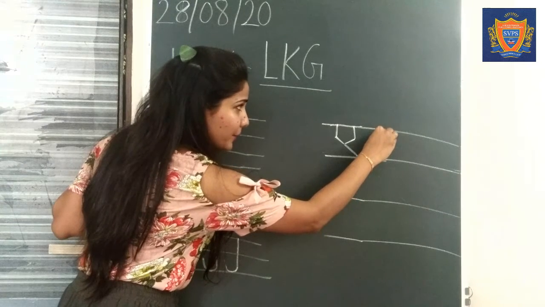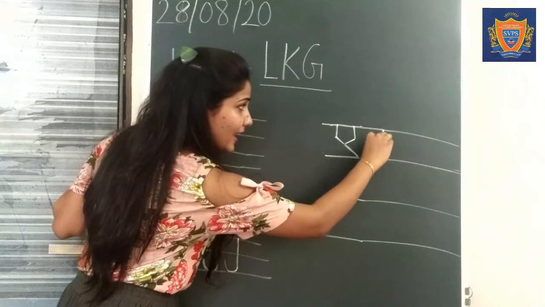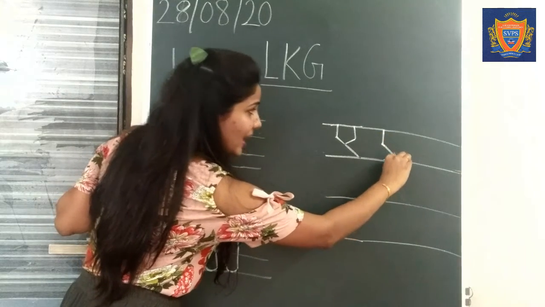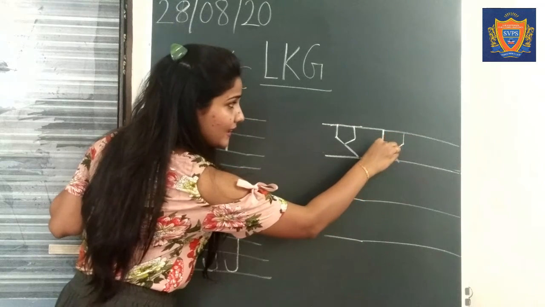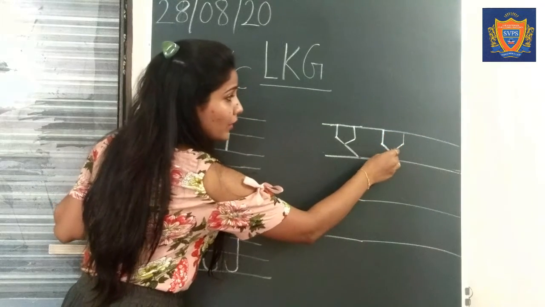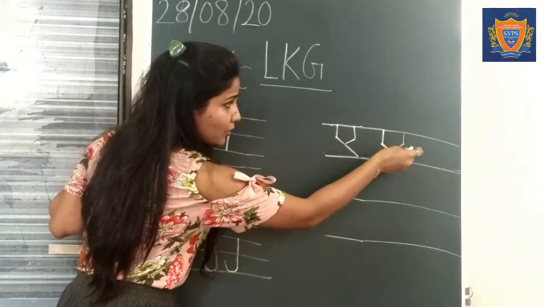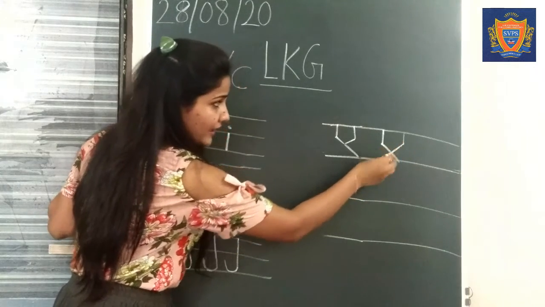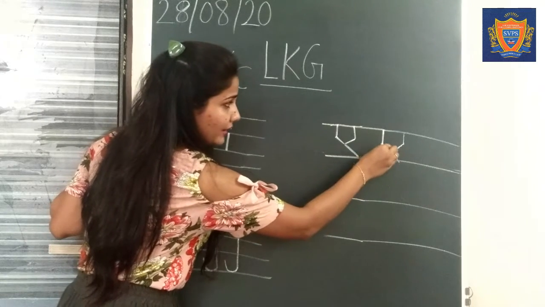Now, one more time. Repeat the strokes after me, okay? Then you will learn it very easily. Standing line, slant line. Standing line, slant line. But don't cross this line, okay? Sometimes children bring this slant line all the way down to here. But this is wrong. We only have to touch the line.